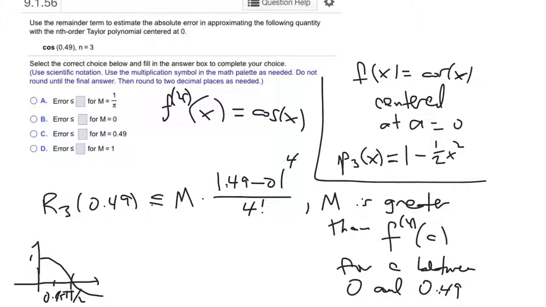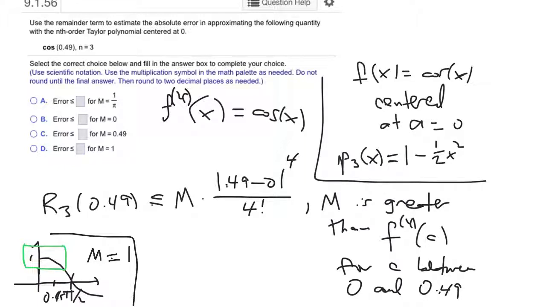In this area up here, we have the 4th derivative being plotted between 0 and 0.49. The farthest away from the x-axis that ever gets is at cosine of 0. So that tells us that M can be 1. Nothing on that graph has a higher y-coordinate than 1. 1 is the largest that we see the y-coordinates.